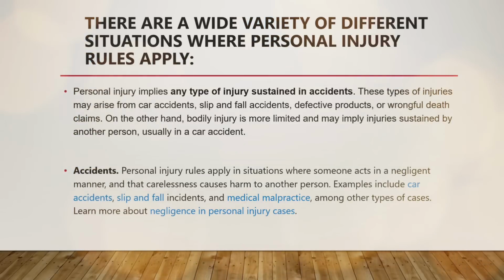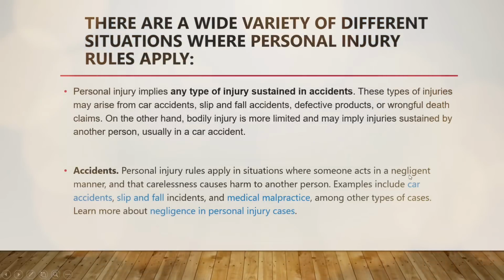Now, there are a wide variety of different situations where personal injury rules apply. Personal injury implies any type of injury sustained in accidents. These types of injuries may arise from car accidents, slip and fall accidents, defective products, or wrongful death claims. On the other hand, bodily injury is more limited and may imply injuries sustained by another person, usually in a car accident.